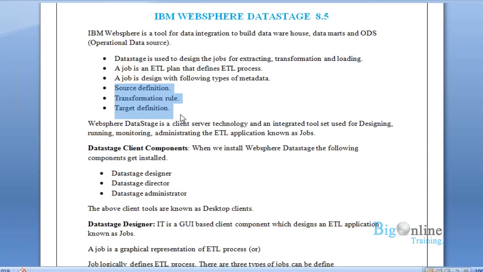Without a source, I could not develop my job. Without a transformation rule, why should I develop the job? Without a target, there is nowhere to load. These are the three mandatory things to develop your job.